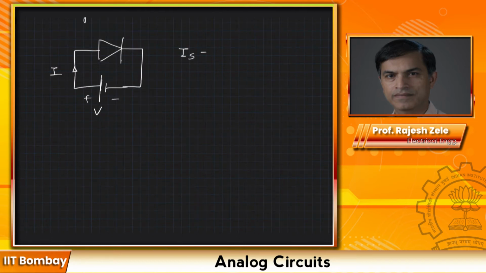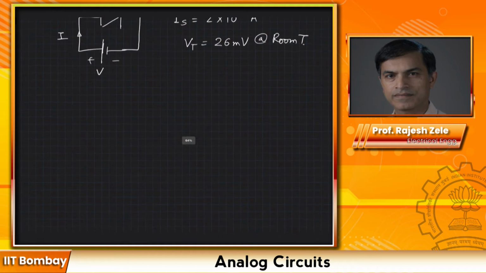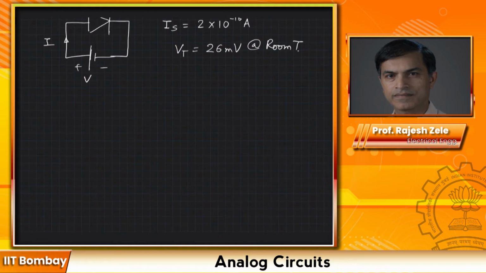Given that Is is equal to 2 times 10 to the power minus 16 amperes. As I said, Vt is equal to 26 millivolts at room temperature. And I'm going to numerically write down what would be the value for V and I. When V is equal to 26 millivolts, the current value will be 5.4 times 10 to the power minus 16 ampere.